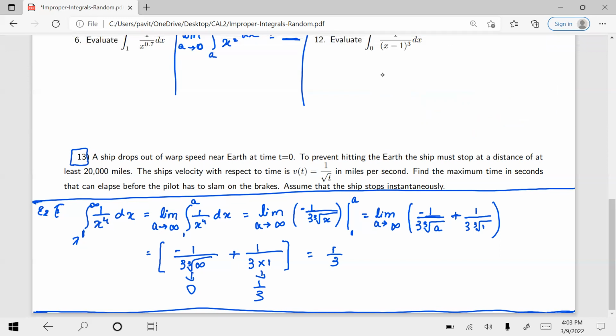Let us come back to the example problem. So this will be the final answer.